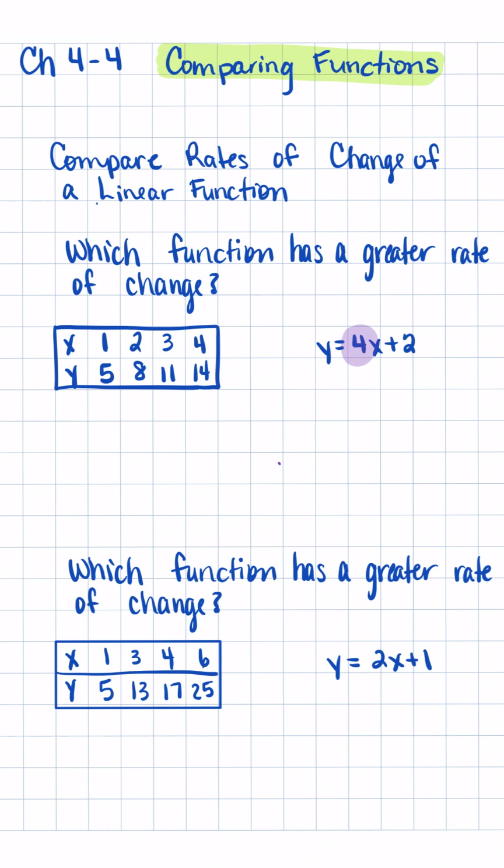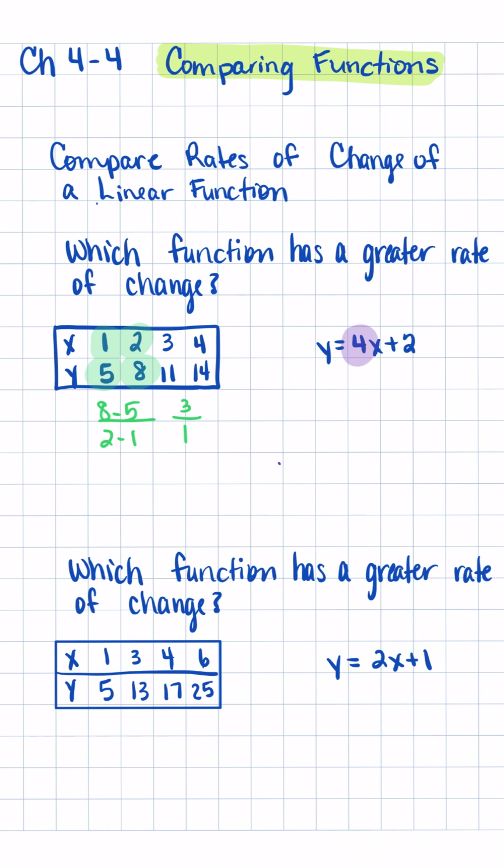So let's look at this table. So let's take these 2 points and these 2 points. So we're going to do 8 minus 5 over 2 minus 1. And that's going to be 3 over 1.